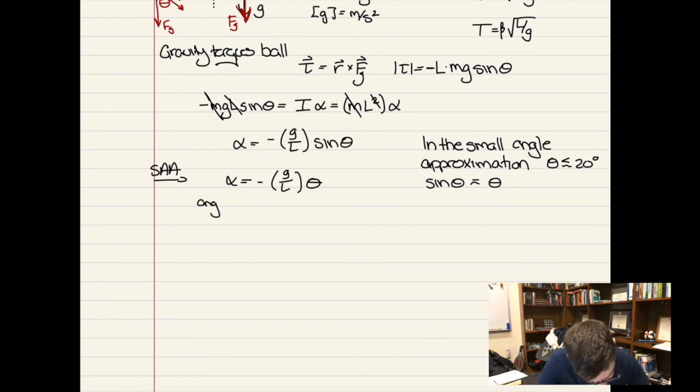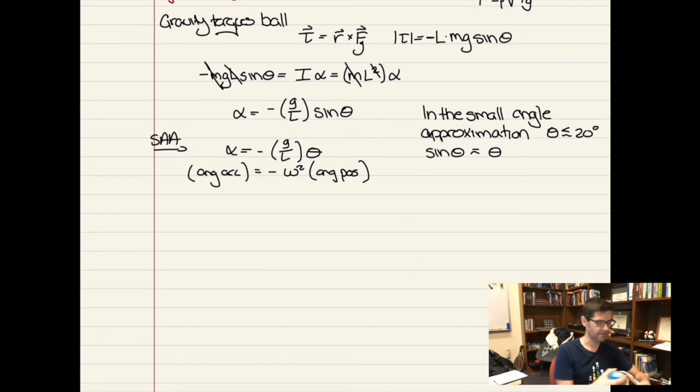So notice we have angular acceleration equals minus a number times the angular position. This is indeed simple harmonic motion. For pendulums where the maximum displacement is not too big, angles less than, say, 10, 20 degrees, this motion is very well described by simple harmonic motion.